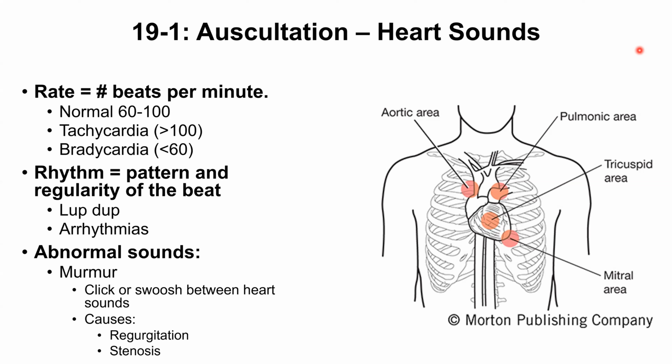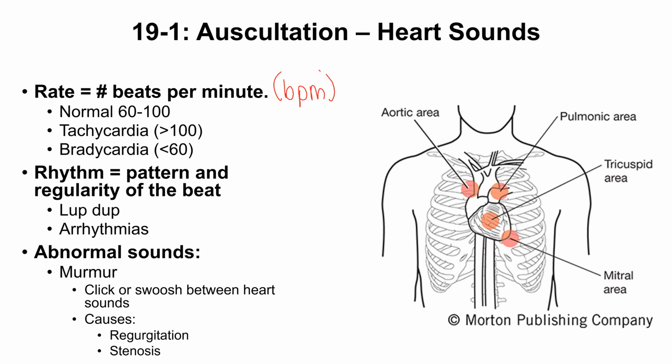Normally this should be between 60 and 100 beats per minute. To be considered tachycardic, usually this is a rate that is greater than 100 beats per minute. And bradycardia refers to a heart rate that is fewer than 60 beats per minute.